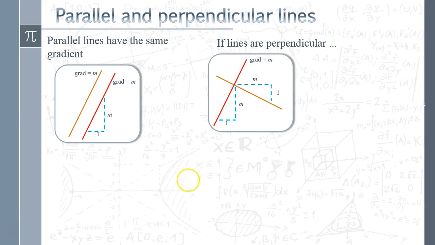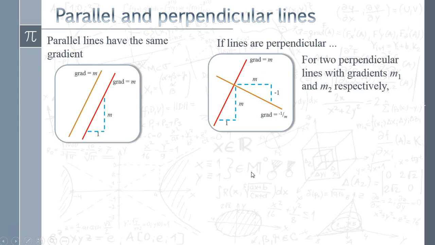And you can see from this one, that's going across one and up m units. For our perpendicular line, what it's doing is across m units and down one. So in terms of rise over run, what we're getting for our perpendicular line, the brown line, is -1 over m. So there's the rise over the run.